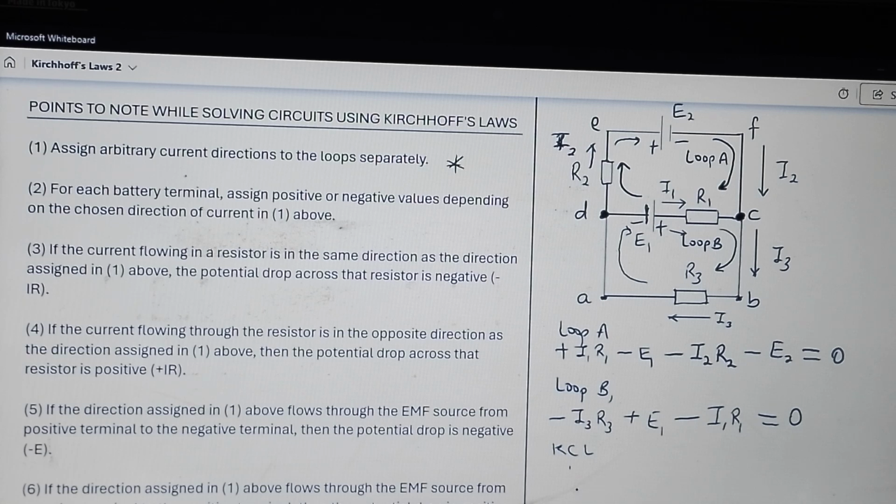So applying Kirchhoff's current law, we say I1 plus I2 is equal to I3.